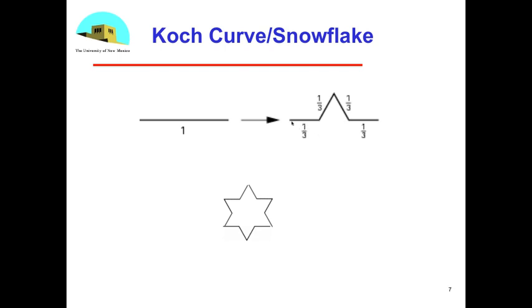So we're getting infinite length, but also notice that if I were to put a little box around it, let's say of height 1/3, every time I subdivide, the new curve is going to fit in that same box. So I'm getting a curve that has infinite length, but on the other hand, it doesn't extend over any kind of an infinite region. It's constrained to be in that same area.